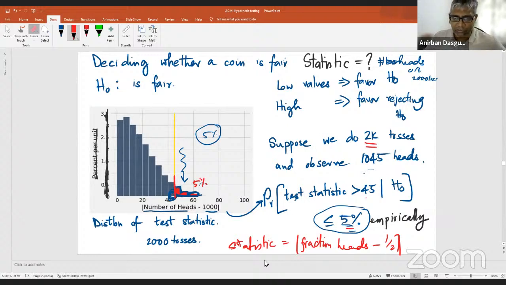I don't remember what this boundary is, let's say it's like 0.045. Therefore, if you obtain 1045 x, you say that I actually lie in this region rather than in the middle of the distribution, and therefore I could potentially reject H0.